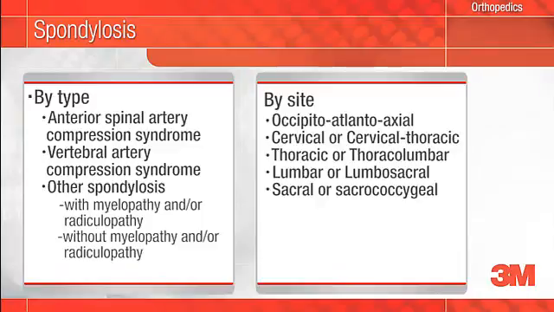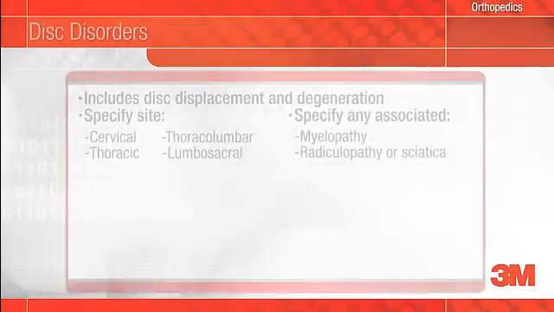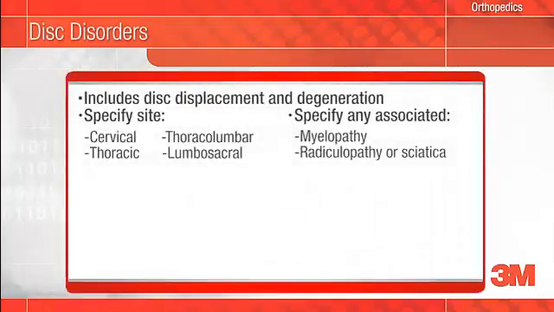This level of detail for spondylosis, which is used not only for reimbursement, but also for research and disability determinations, cannot be reported unless documented by you. ICD-10 primarily classifies disc disorders such as disc displacement and disc degeneration as with myelopathy or radiculopathy, or both.